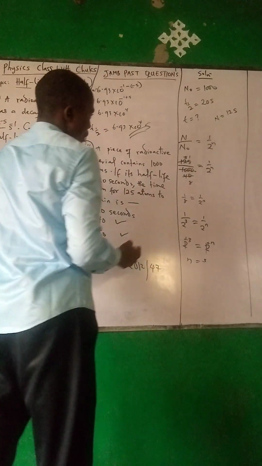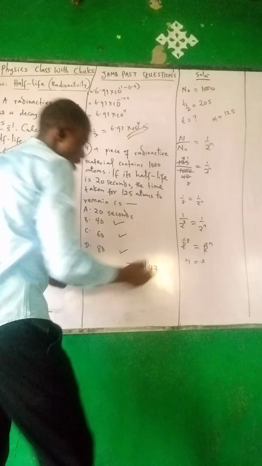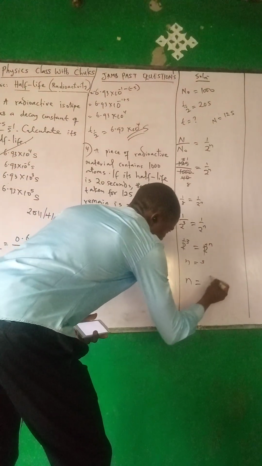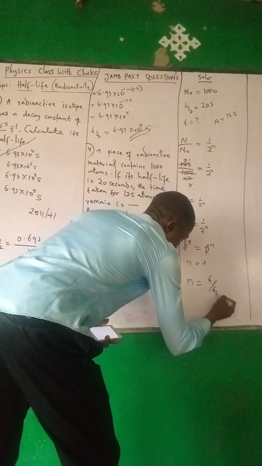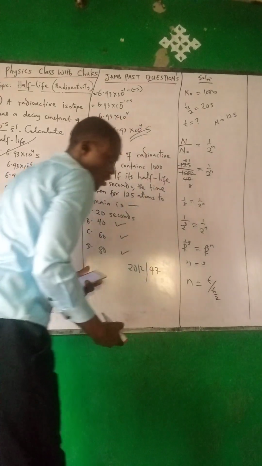We are asked to find the time. And I think I can use this formula that says the number of half-lives is equal to the time all over half-life. I'm looking for this, so I will make this the subject of the formula.